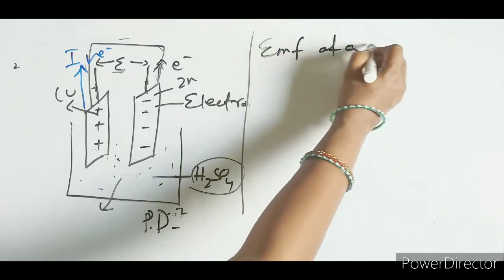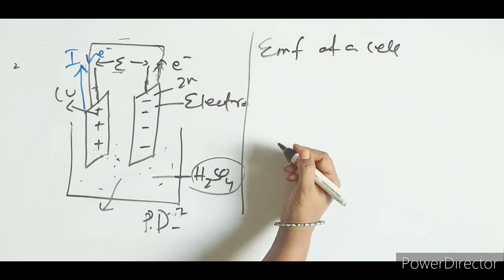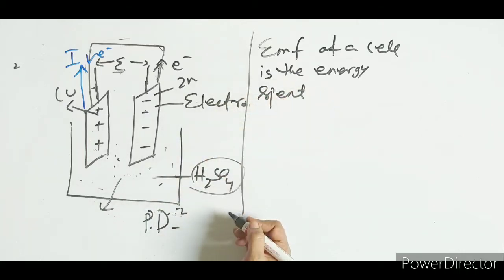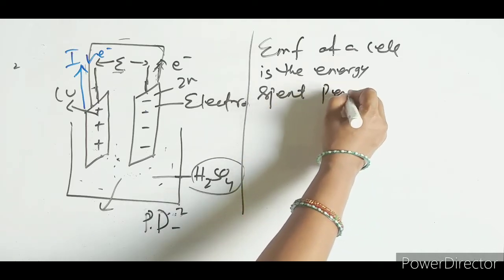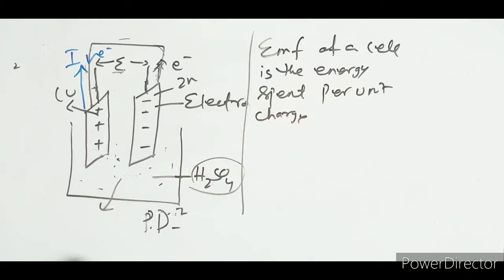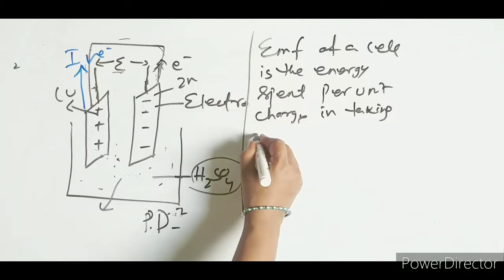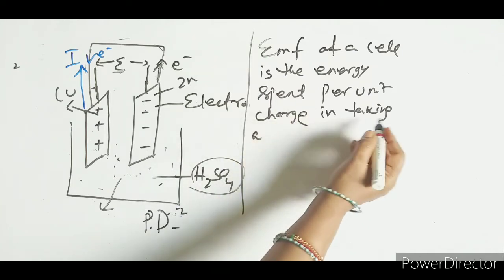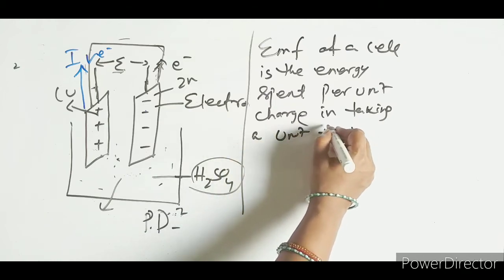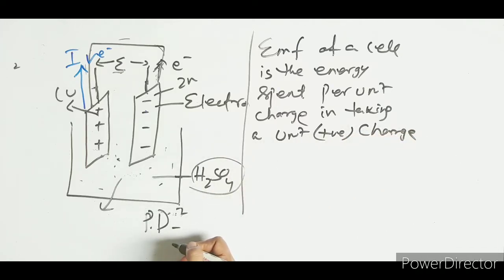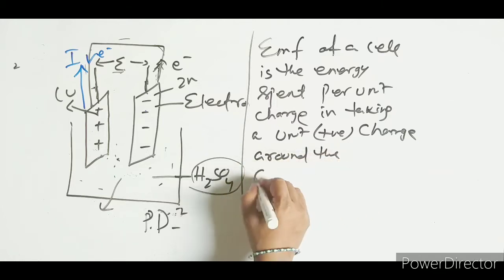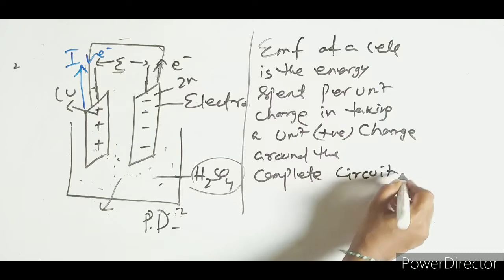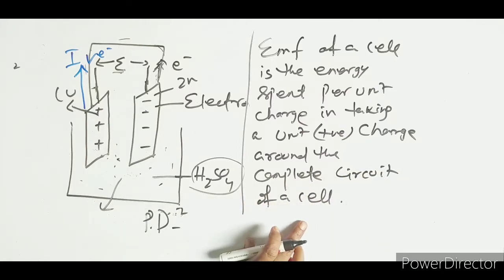So the EMF of a cell is the energy spent per unit charge in taking a unit positive test charge around the complete circuit of the cell.